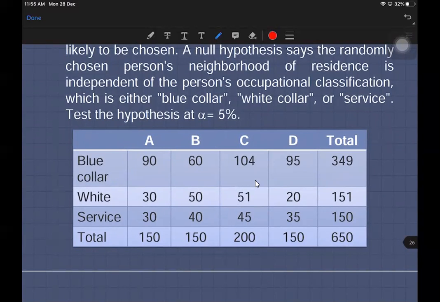If your chi-square test statistic value is greater than your critical value, your decision will be reject the null hypothesis. But if it is smaller than the critical value, your decision will be do not reject the null hypothesis, and you conclude that there is no relationship between the two variables.